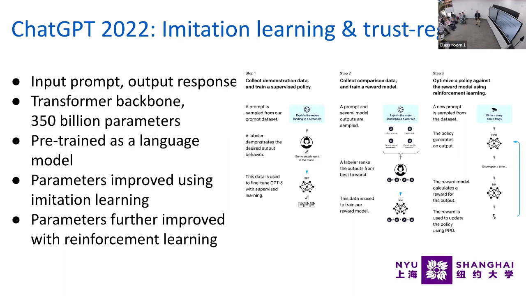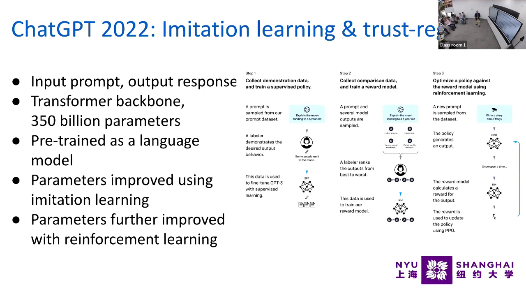From that, they train another, separate neural network to define a reward function. The reward function takes as input the prompt and the response, and gives back a reward. They train this neural network to match the rewards that the humans gave.